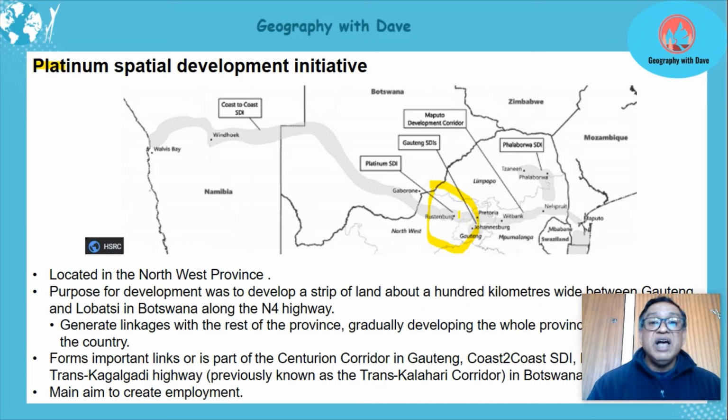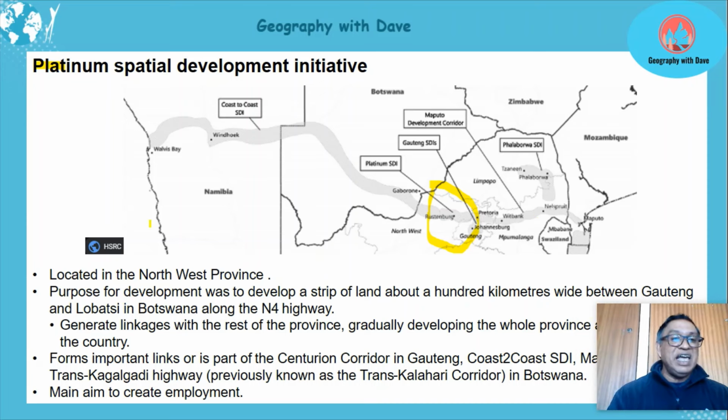It's linked to other spatial corridors also. Can you see it? All right, so its linkage is very good. Okay, near Gauteng also, the PWV. Okay, so it's a brilliant place to set up the SDI. So it's located in the Northwest Province.